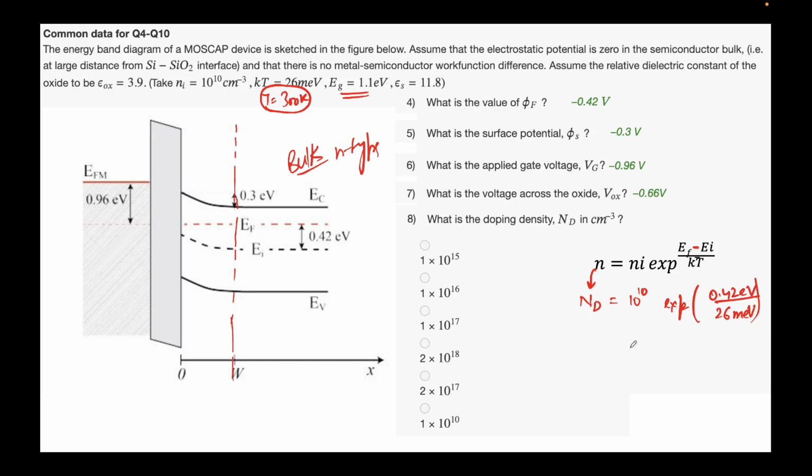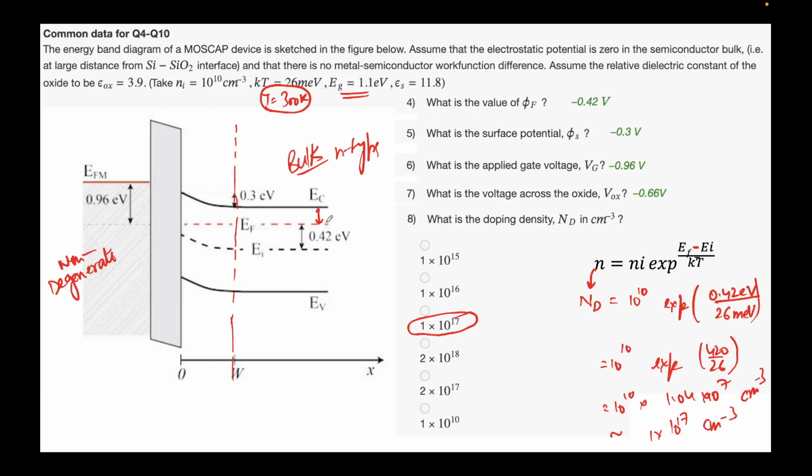So 1 into 10 to the power 17. Let me just check one more thing. Remember we had talked about non-degenerate semiconductors. All the expressions of n equal to ni and Nc, Nv, whatever, were valid only for non-degenerate. That is when Ec minus Ef, this difference, has to be greater than 3 kT. Let's try to find out if it's true or not. We have time, so we can do this exercise.